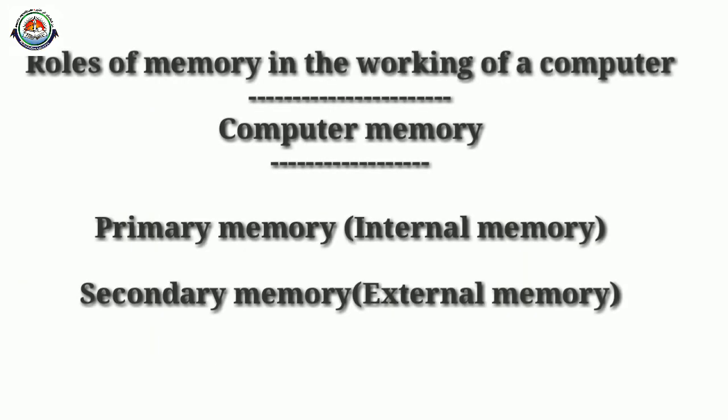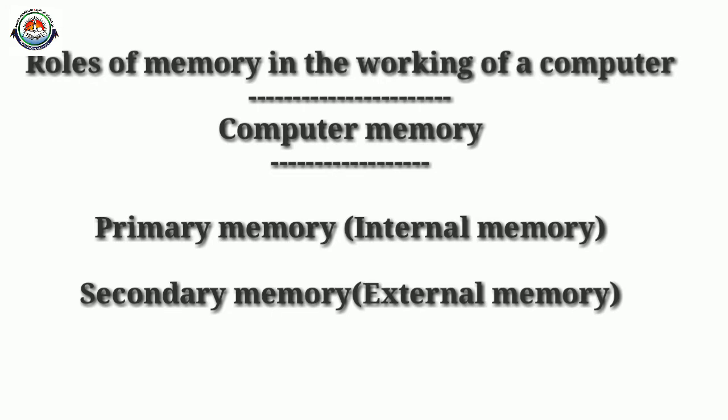Today we will discuss the roles of memory in the working of a computer. You know that memory is compulsory for the working of a computer for its data storage. Without memory, computer working is not possible.